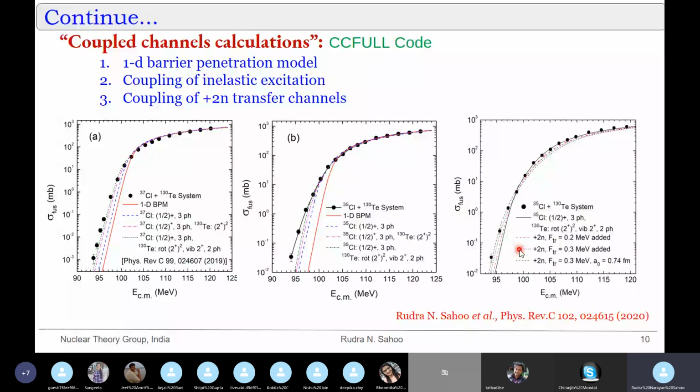How did I tune it? First, I check the theoretical calculation from the potential parameters of the Akyuz-Winther potential. Then I first match in the above barrier region. When it matches above the barrier, I take this for granted and do the CC calculation.